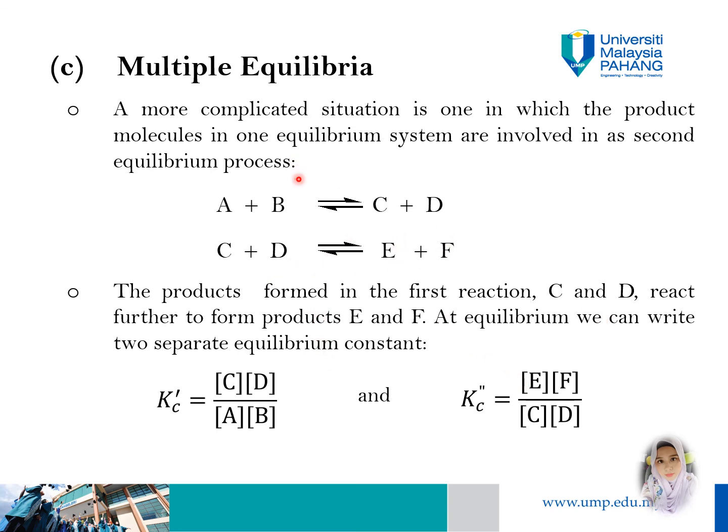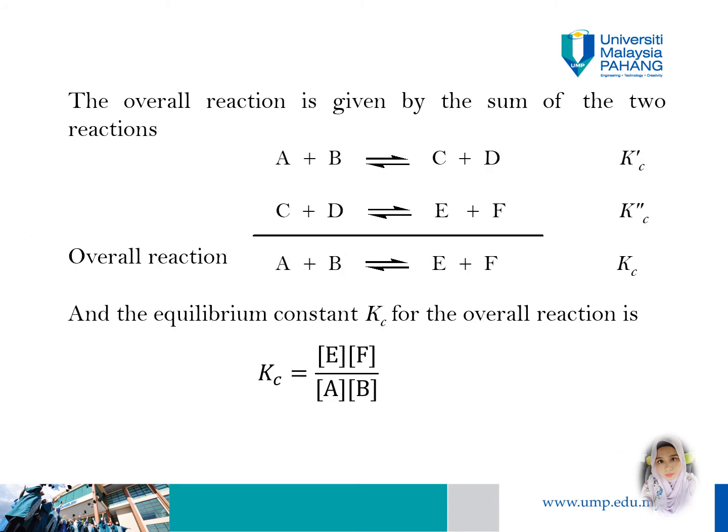So at equilibrium, we can write two separate equilibrium constants, which are Kc prime for the first reaction, the concentrations of the products C and D divided by the concentrations of the reactants, and Kc double prime, which is equal to the concentrations of the products E and F divided by the concentrations of the reactants C and D. The overall reaction is given by the summation of reaction 1 and reaction 2.